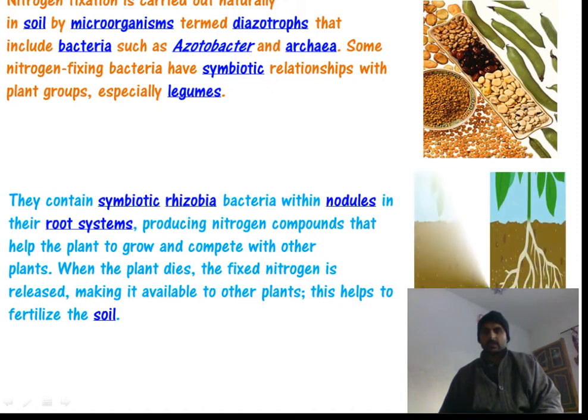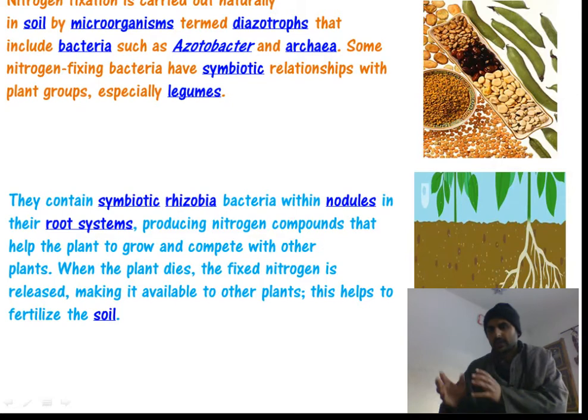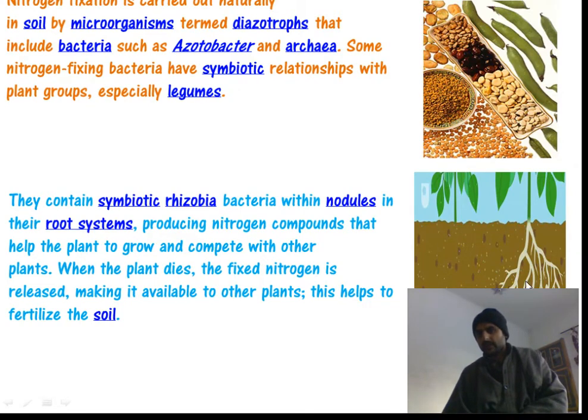You can see in this picture a leguminous plant, and these circular dot-like structures are the nodules in which these Rhizobium bacteria live in symbiotic relationship with these organisms, and they fix atmospheric nitrogen into the form of nitrates, which is readily available to this plant. And when these plants die, the soil gets fertile with the nitrogen.